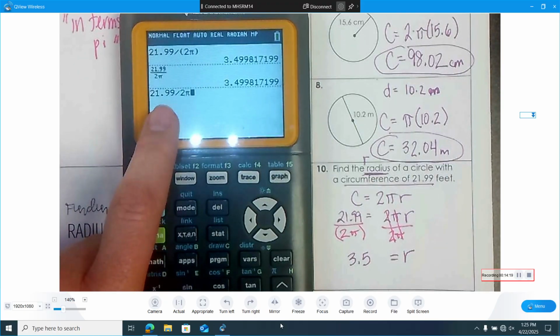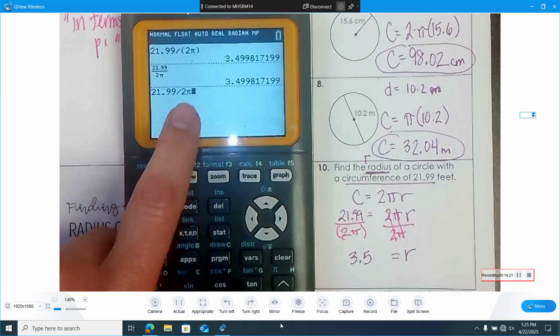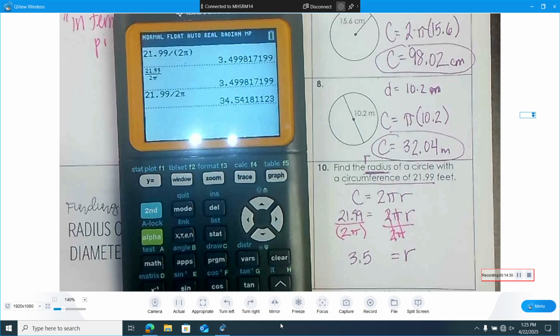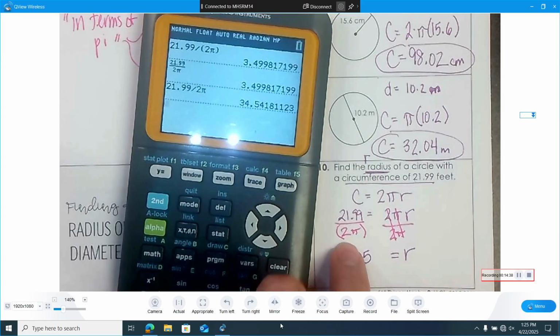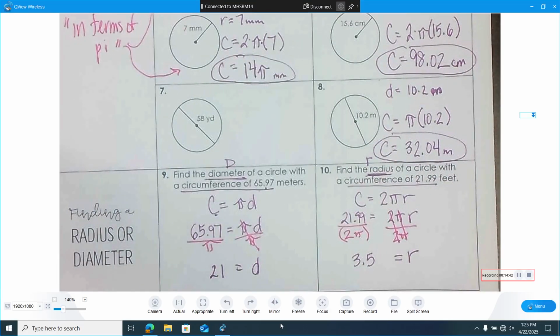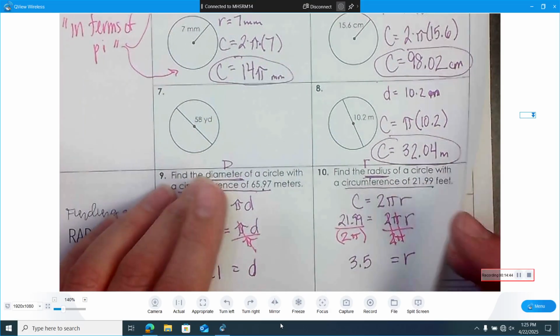It's going to take 21.99, divide by 2 first, and then times by something bigger than 3. So that gives you an answer of something bigger than 33. So we have to be very careful when we communicate in calculator. Use parentheses, and you'll always get it right.